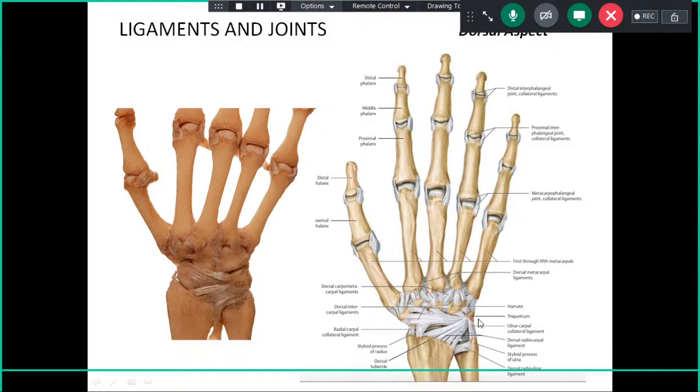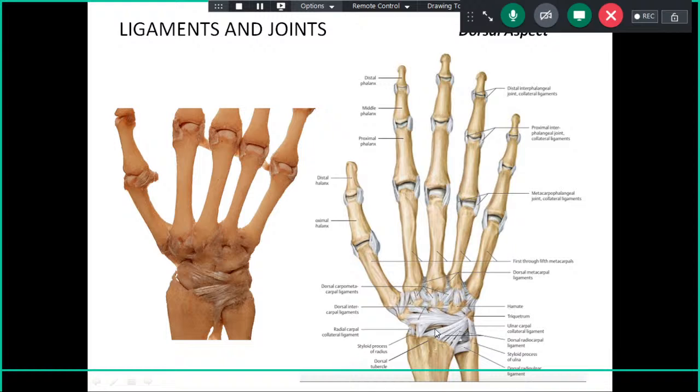Sorry, coming from the distal to the carpal side back again. On the carpal side, this is the dorsal surface of the radius. This is a radial carpal collateral ligament, radial collateral ligament here. We have the ulnar collateral ligaments here.